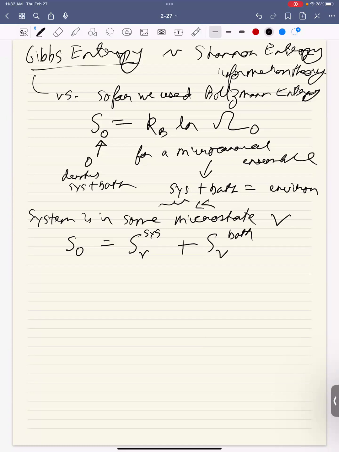Why do I say bath nu? Because the entropy of the bath depends on what is the microstate of the system, right? That's how we calculate the number of states. Or S nu system is equal to S naught minus S nu bath.